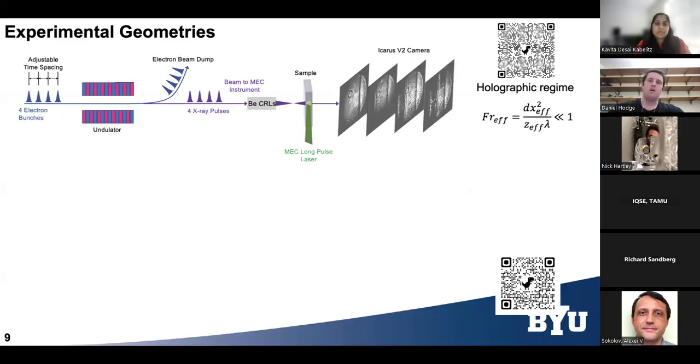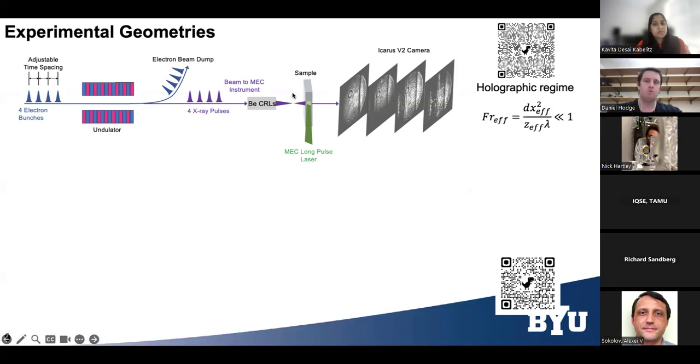And so the first experimental geometry. A really unique thing, I think, with LCLS, and I'm not sure if other free electron lasers have adopted this because it's been a couple years, but maybe they have, is that LCLS is capable of sending in 8 pulses that can interact with your sample, separated by a couple of nanoseconds between each pulse.